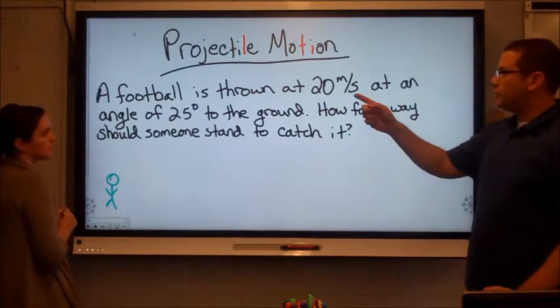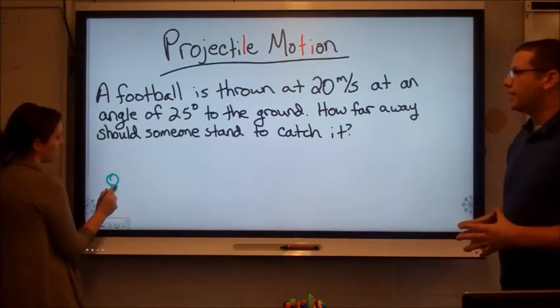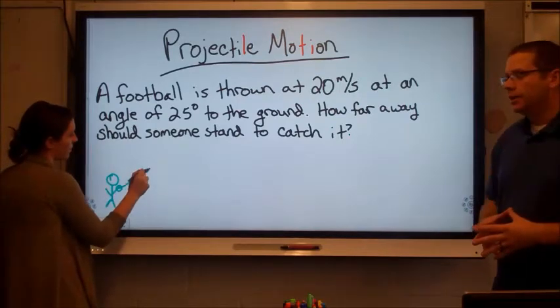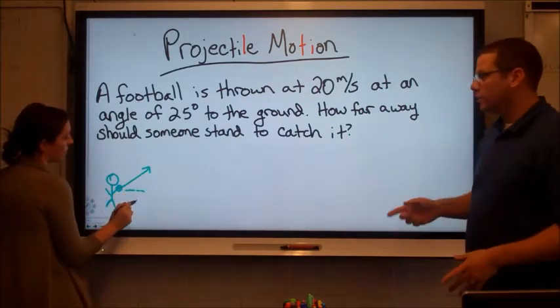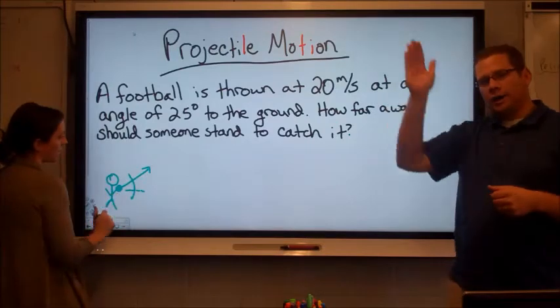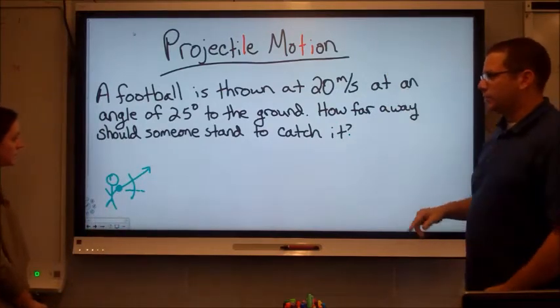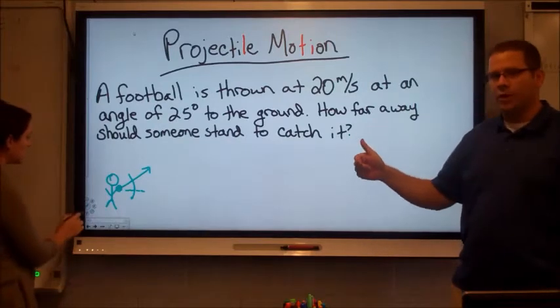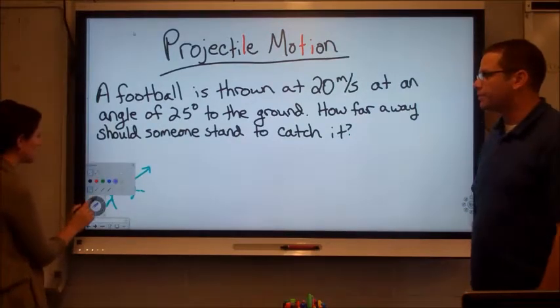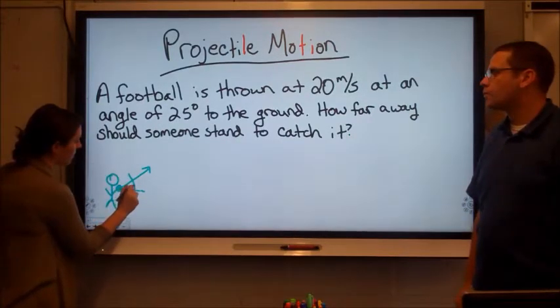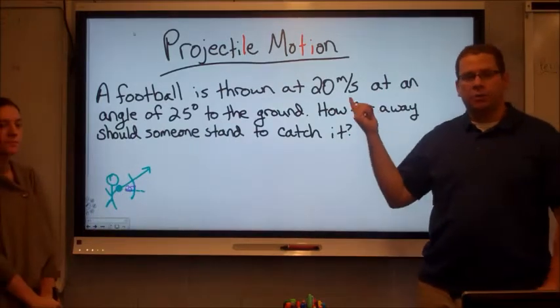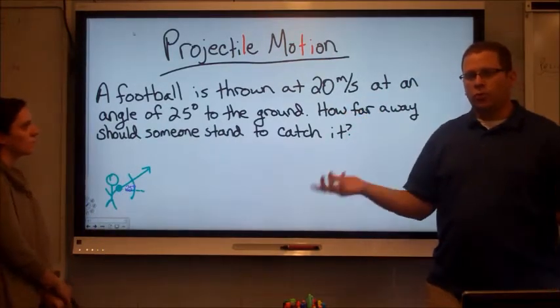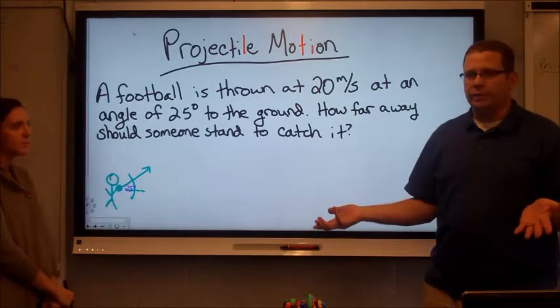Now, it says a football is thrown at 20 meters per second at an angle of 25 degrees to the ground. So you're going to draw yourself a little person, a ball, and an arrow up off of the ground. Now we can label our angle from the horizontal to be 25 degrees. Where would I write that 20 meters per second?